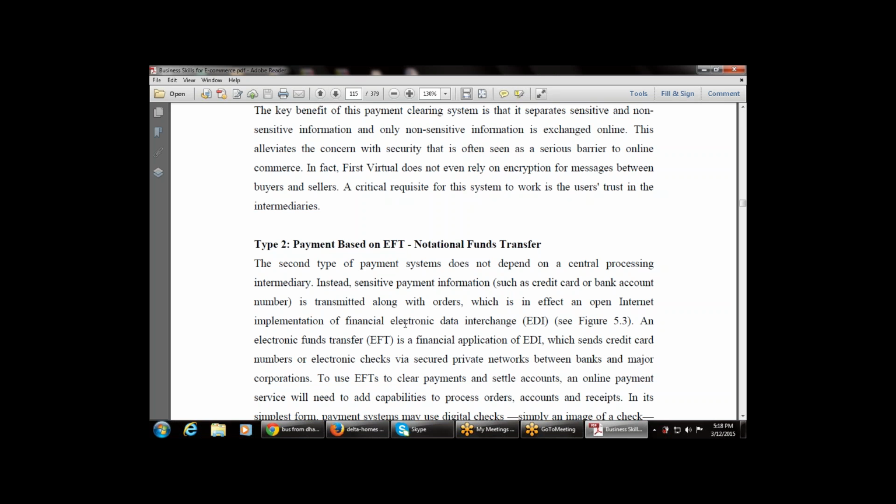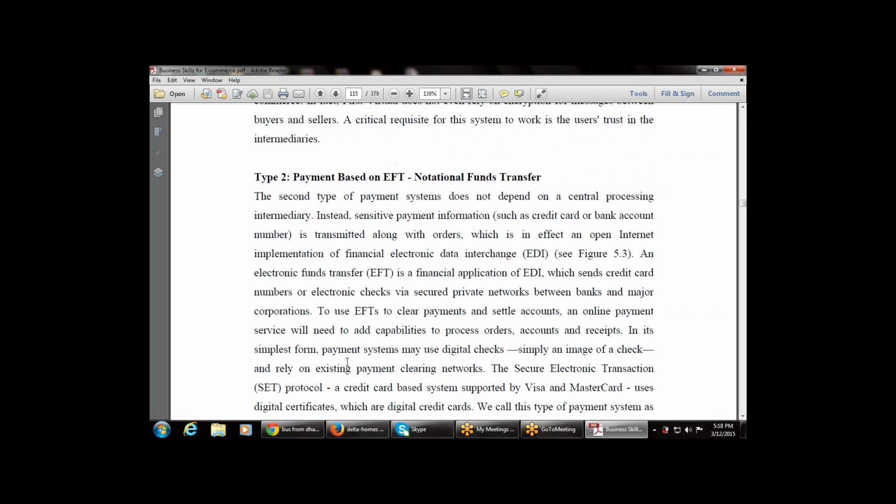So that is very secure between the banks and the major corporations. This security is taken care of by the EFT. To use the EFT to clear the payments and settle accounts, an online payment service will need to add capabilities to process the orders, accounts and receipts.